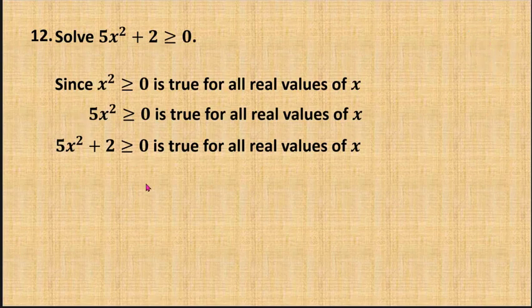Therefore, the conclusion is 5x power 2 plus 2 is always greater than 0 for all the values of x. So, the conclusion is all the values of x satisfy the inequality.